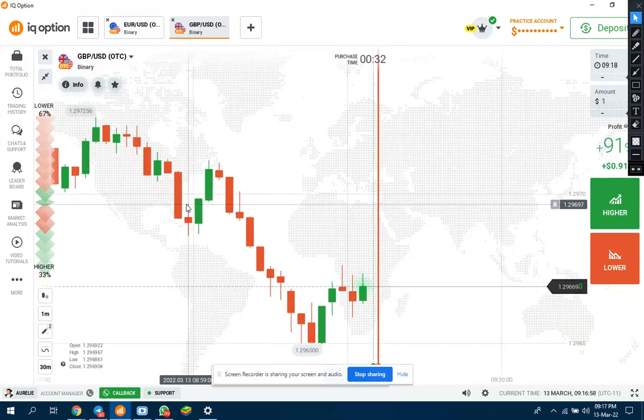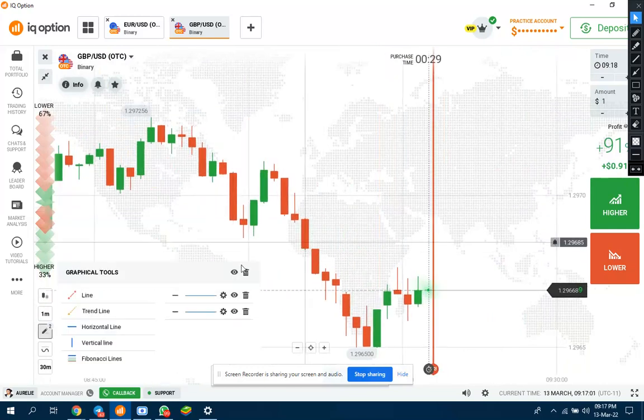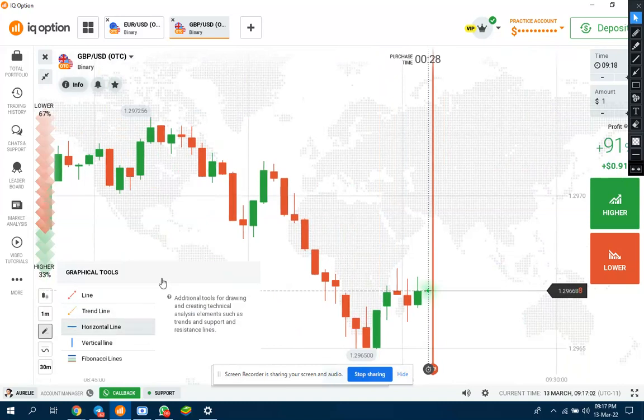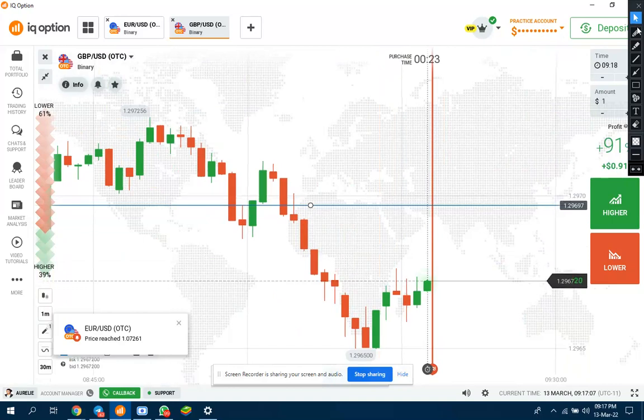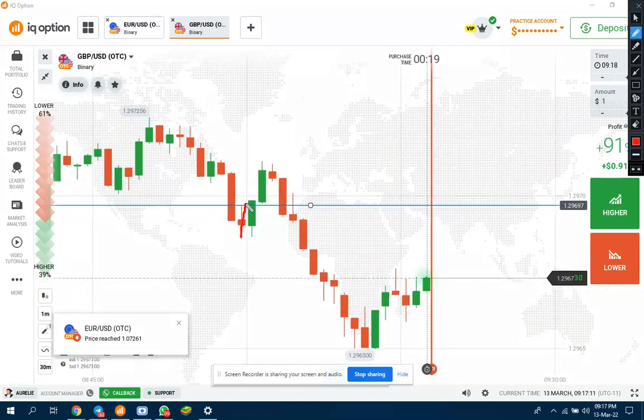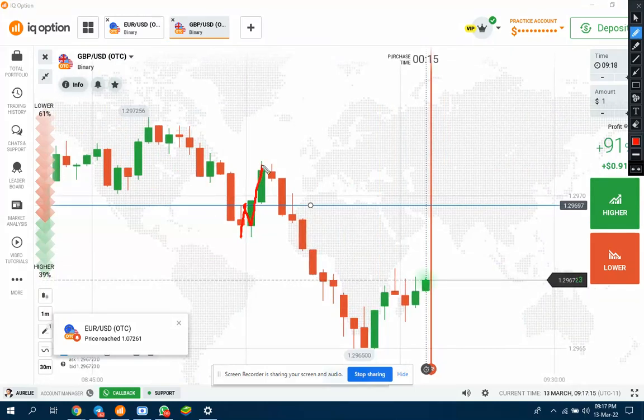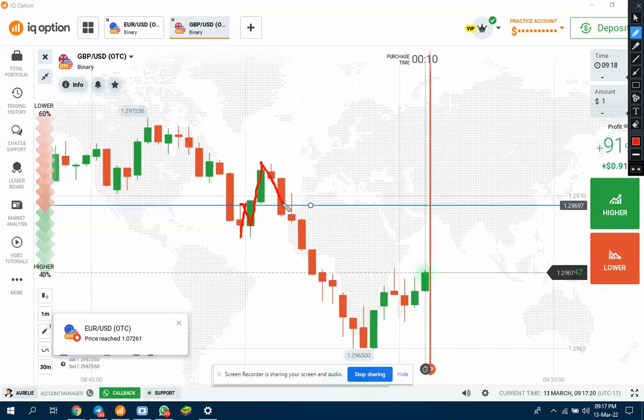Okay, this is more like a morning star and evening star pattern. This is the morning star pattern. The market reached this point, rejected, and from here the buyers entered and closed above this level. So the sellers keep pushing the price down.